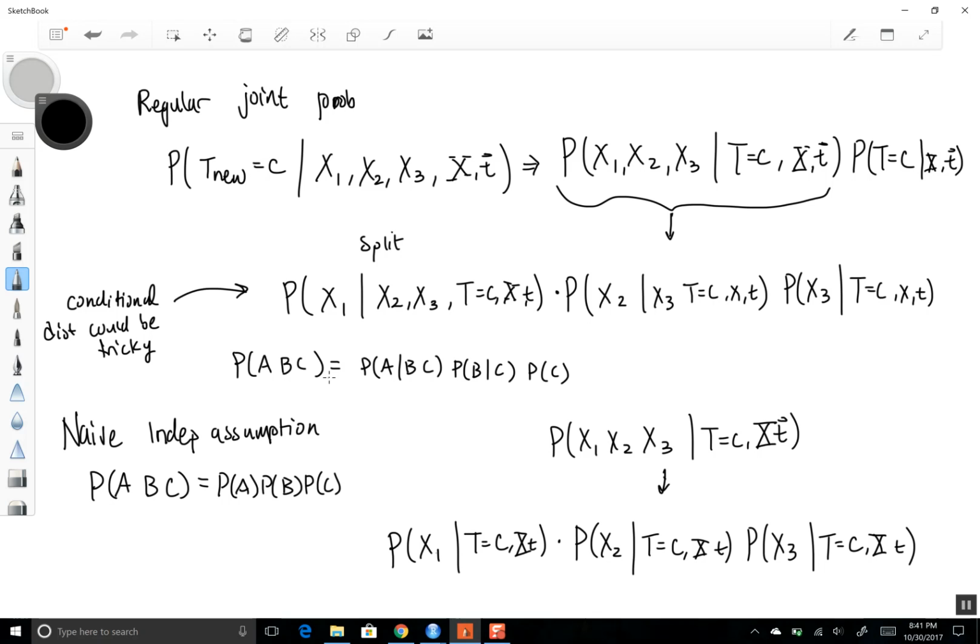And you can imagine if you had 10 predictor variables, this gets even more hairy. By making the naive independence assumption that everything is uncorrelated, this parses out much, much easier. We just say the probability of A, B, and C is just the probability of A times the probability of B times the probability of C. And that's a lot easier. So all you have to do is say, okay, my x1 turned out to have a value of 10.